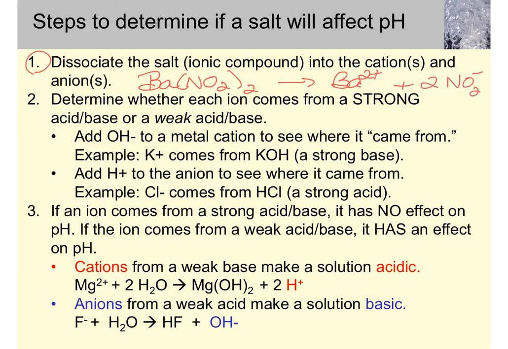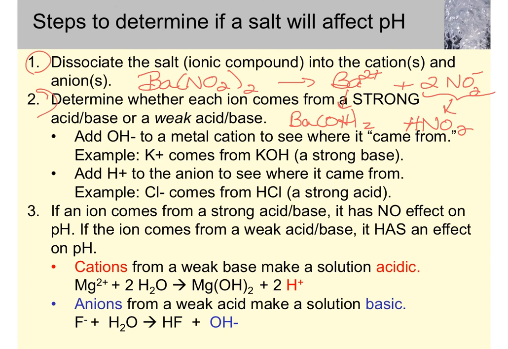Step 2, you have to determine separately whether each ion comes from a strong acid or base or a weak acid or base. With the cations, you're going to smush them together with hydroxide if it's a metal. And for the anions, you're going to just add a hydrogen ion to them to see where they came from.